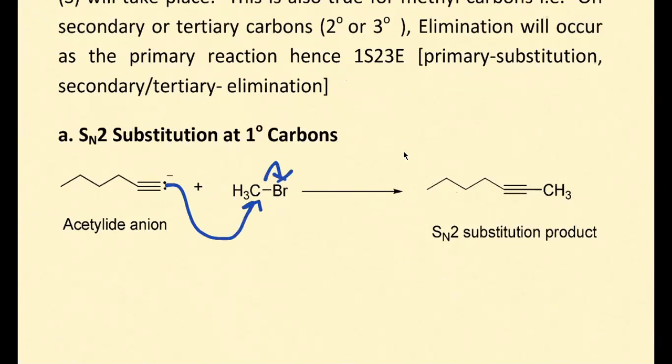So I get SN2 type substitution on those types of carbons. If it's a primary carbon or a methyl carbon, the acetylide anion is going to be a nucleophile.